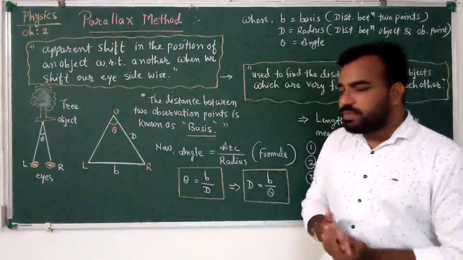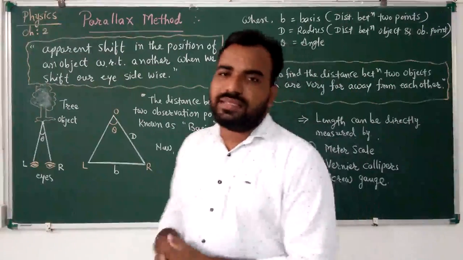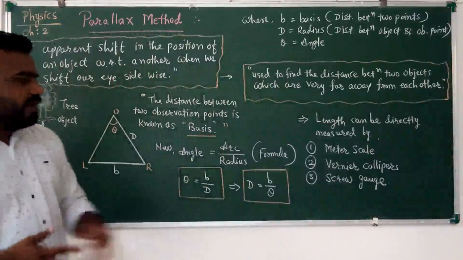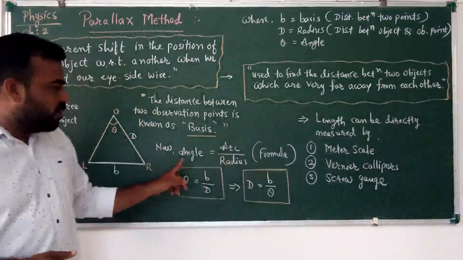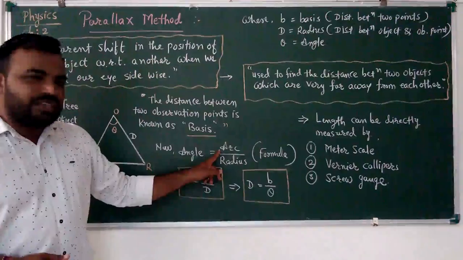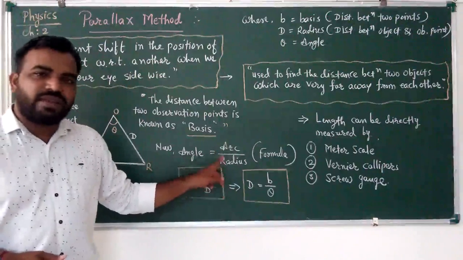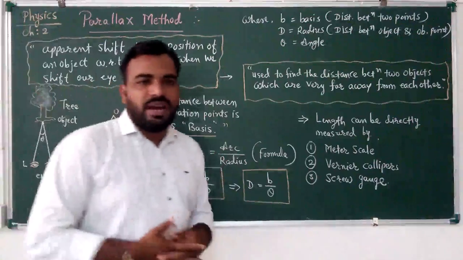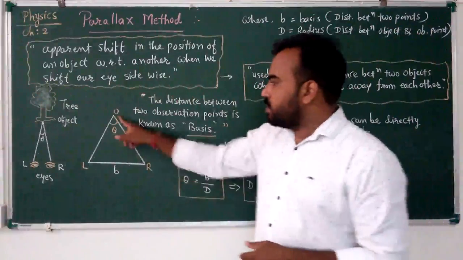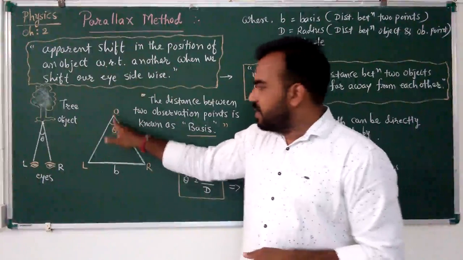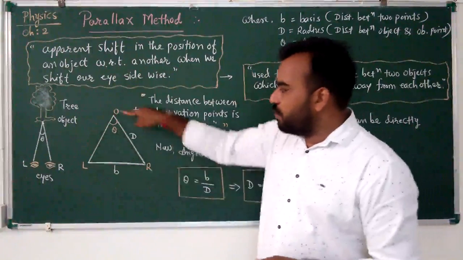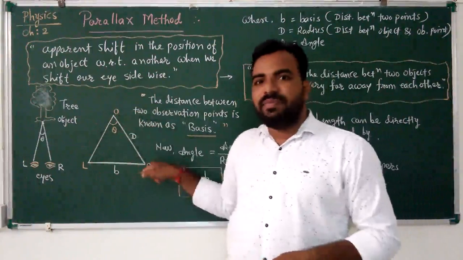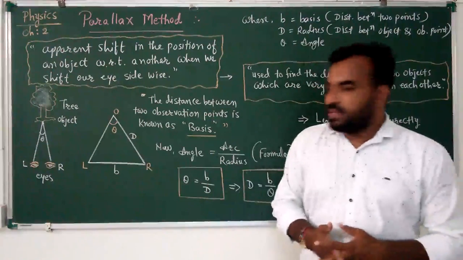Now there is a formula in mathematics how to find angle. So to find angle, there is a particular formula. Angle is equal to arc upon radius. Arc is nothing but length. So if this is center point, and if we draw the circle of this much radius, from this point this LR will be our arc.